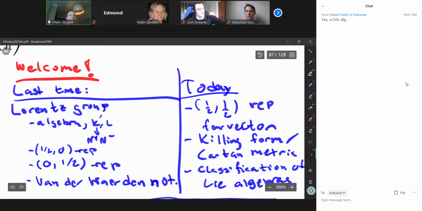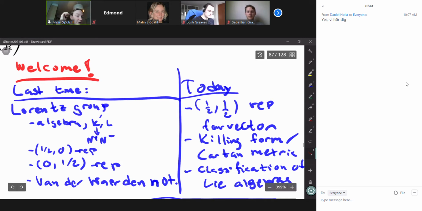So last time we had seen that we had the Lorentz group, and it was generated by some boost generators and by some rotation generators. And we could actually form linear combinations of those such that they formed sets n plus and minus, which didn't mix. That is, the commutator between n pluses only gave something in the n plus set, and the commutators of the n minuses only gave something in the n minus sets.